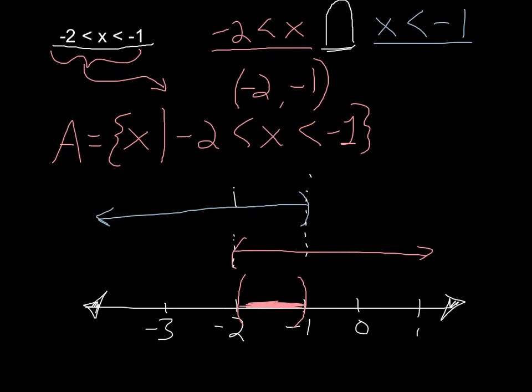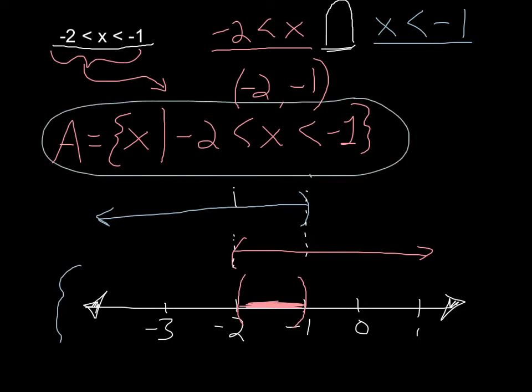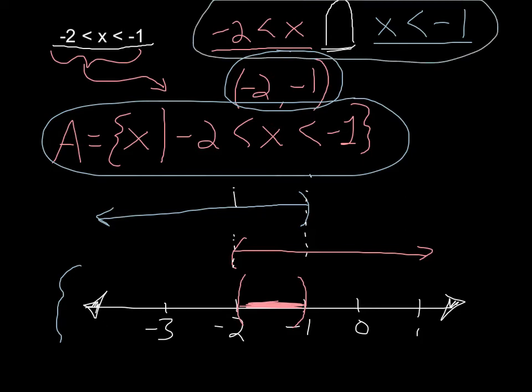So now we have our number line right here. We have our set notation. We have our interval notation. We have our union intersection. And we have our compound inequality. And we're done.